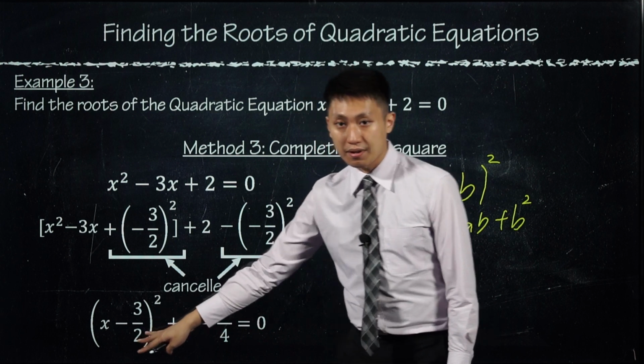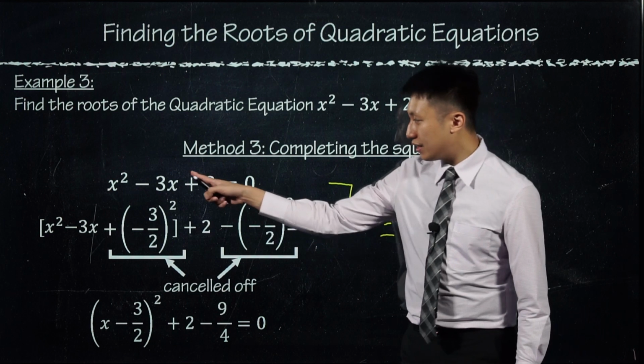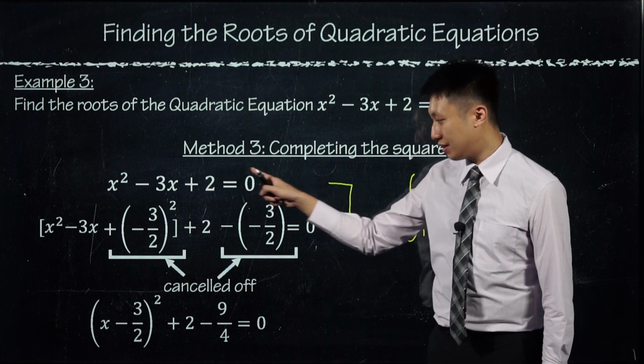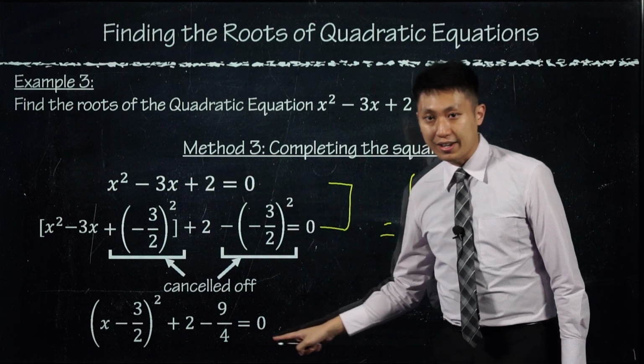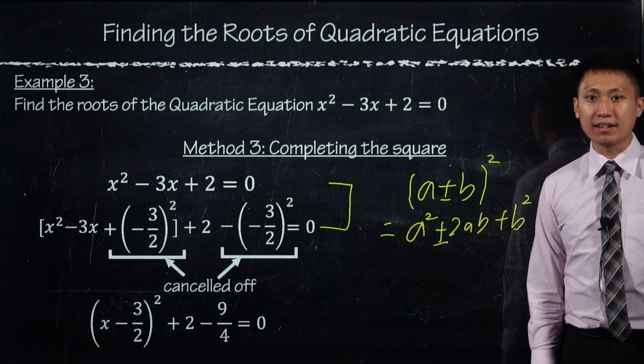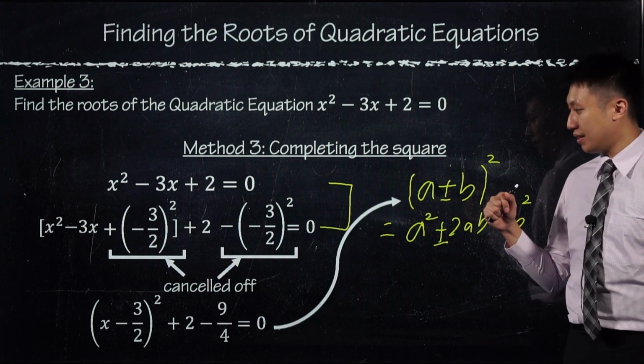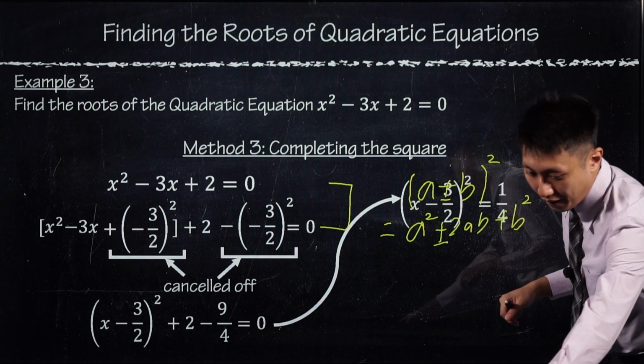Then you get this one. At least from here to here you are fine, right? Then this process from here to here is called completing the square. This is the hardest in this one. But I think that you will be fine if I teach you. Okay, let's do it.